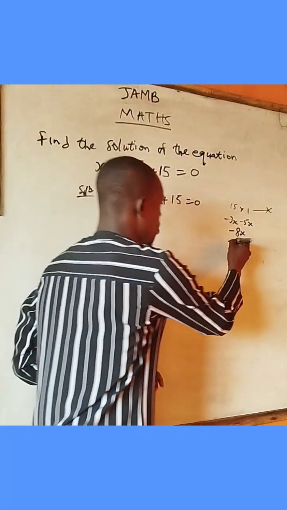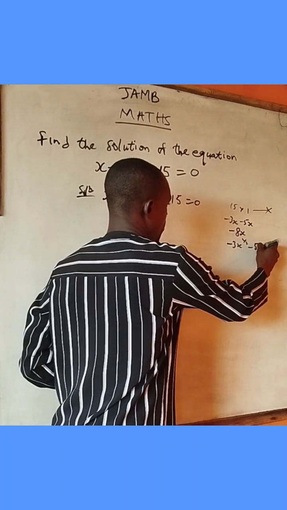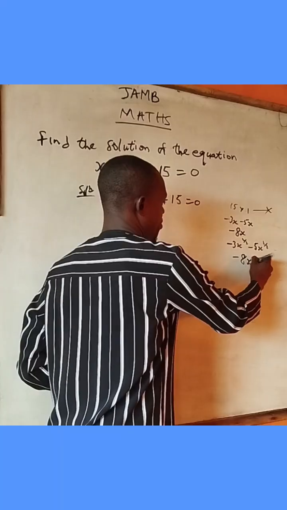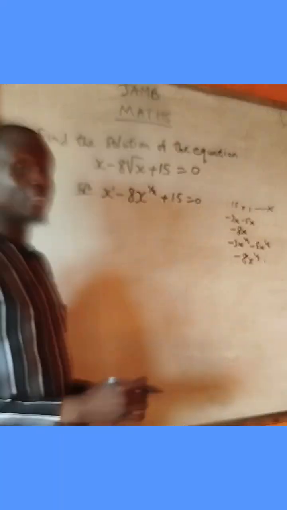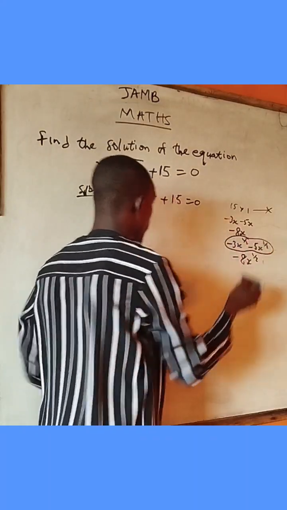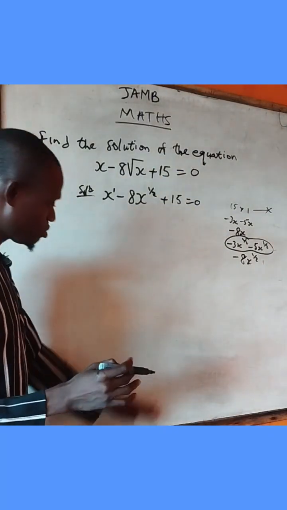All right. So what if I put minus 3x raised to power half minus 5x raised to power 1 over 2? I'm still going to have minus 8x raised to power 1 over 2. So I'm going to use this value to replace the minus 8x raised to power half. That's all. Then I'll just solve through.